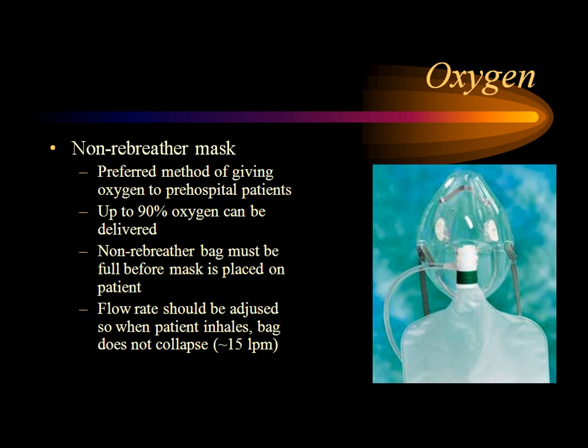I've had patients, really big men, who are short of breath, and they're at 15 liters per minute, sucking that thing down. You've got to turn it all the way up, because if you don't, they're not going to be getting that 90% oxygen concentration.